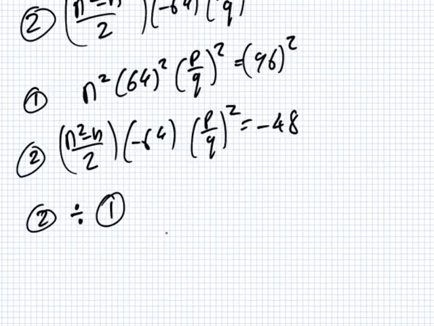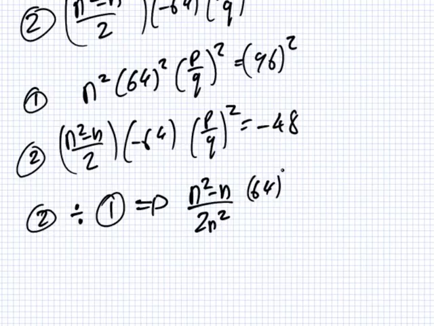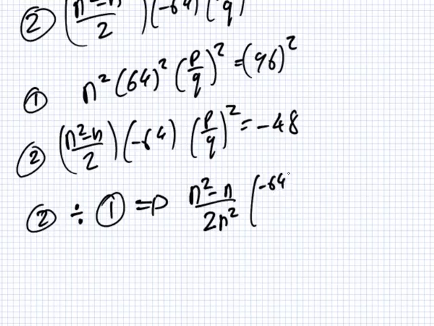So now I'll get n squared minus n over 2n squared. I want to make sure I have it the right way around: 2 divided by 1. N squared minus n over 2 divided by n squared, then minus 64 divided by 64 squared. The p over q squared terms cancel. Minus 48 divided by 96 squared.